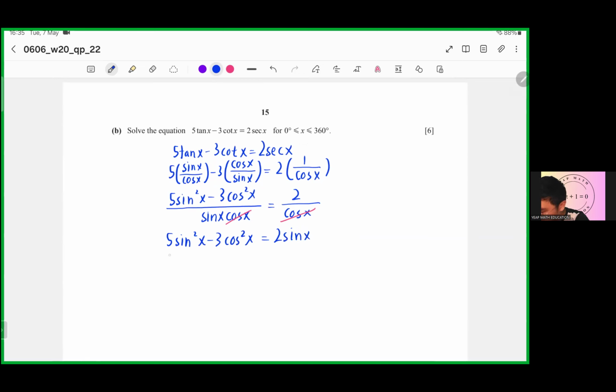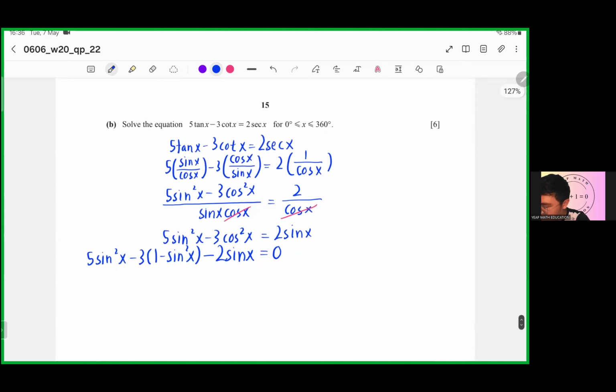Now I can change this part, because I want to make a hidden quadratic equation. So 5 sine squared minus 3 bracket 1 minus sine squared, minus 2 sine x equals 0. After that, we get 5 sine squared minus 3 plus 3 sine squared minus 2 sine equals 0.